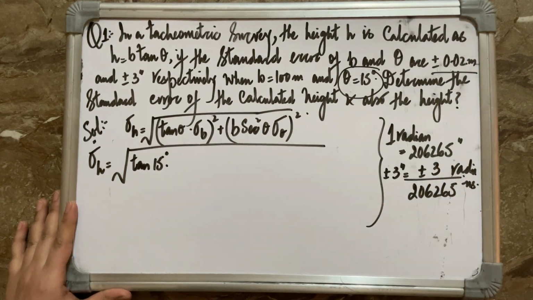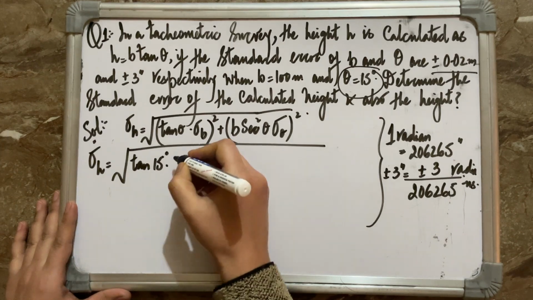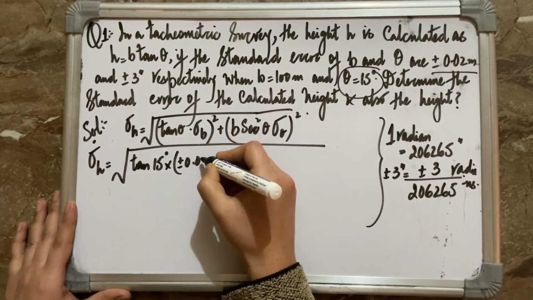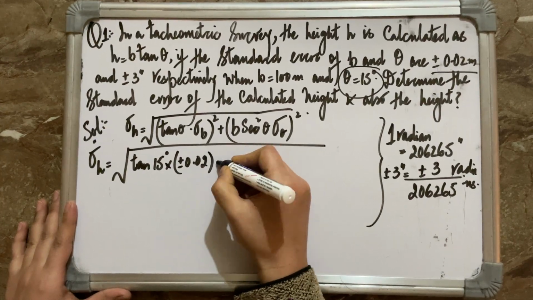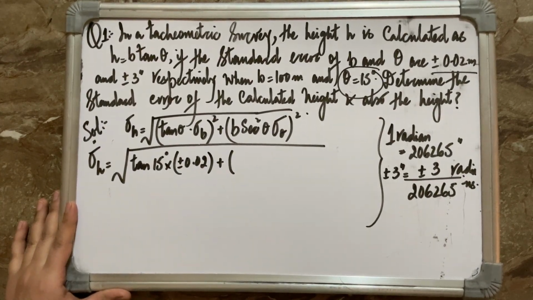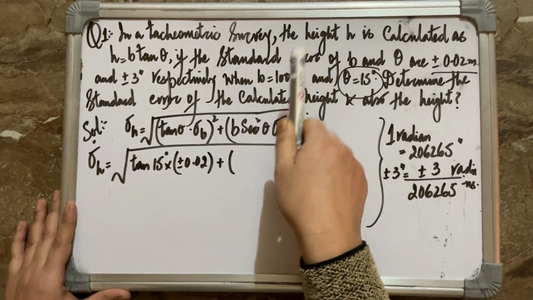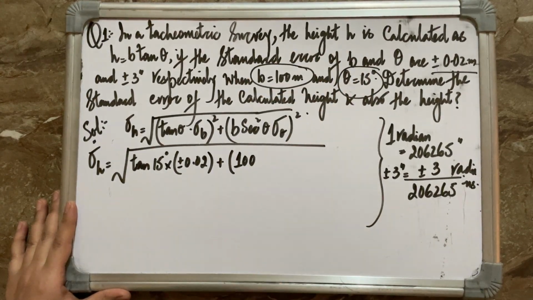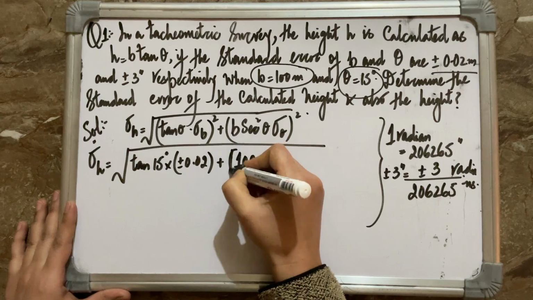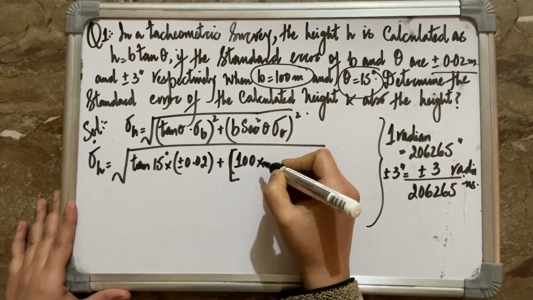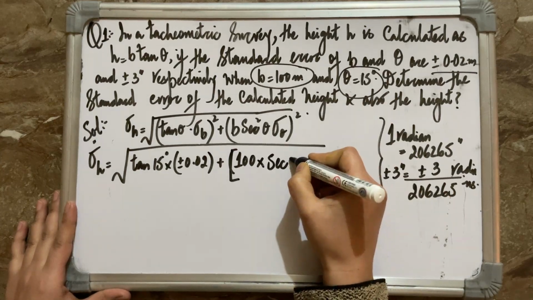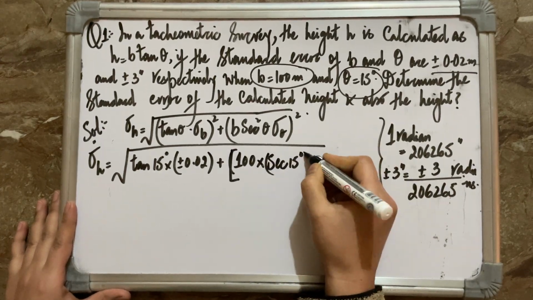It's given as plus minus 0.02 meters, plus b. b is how much? 100 meters, multiplied by secant 15 degrees, square of it.